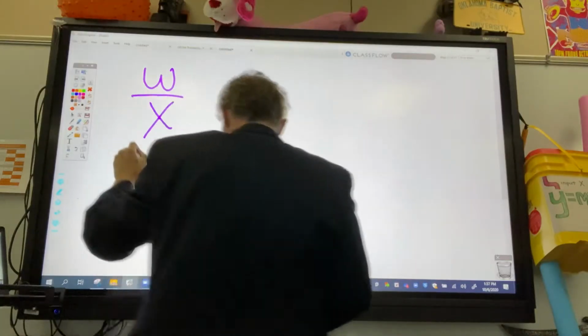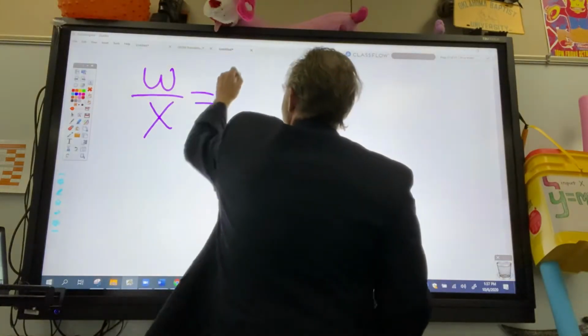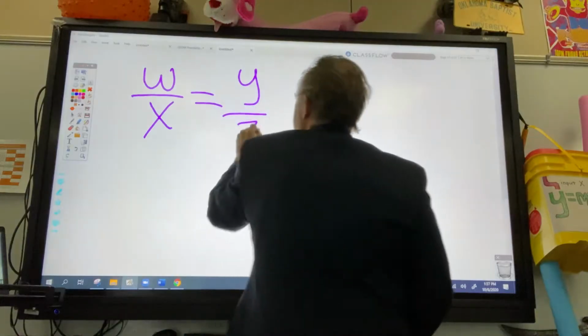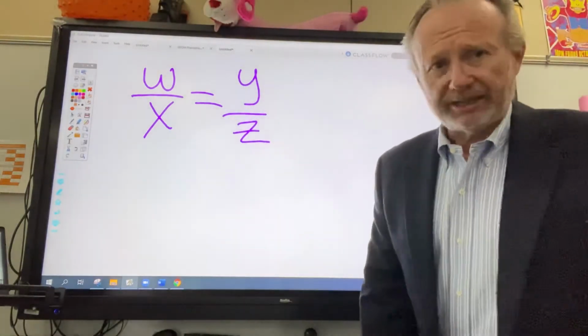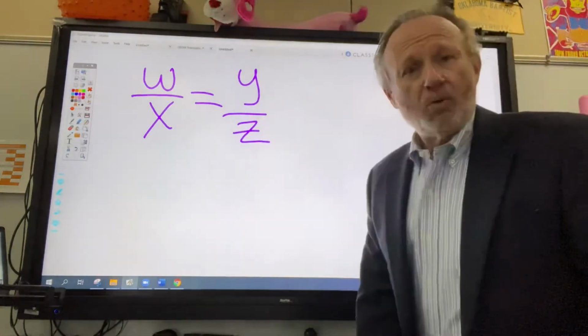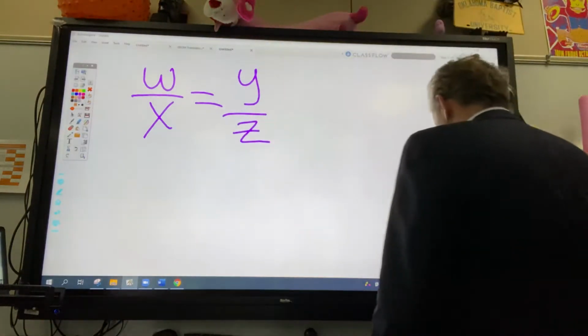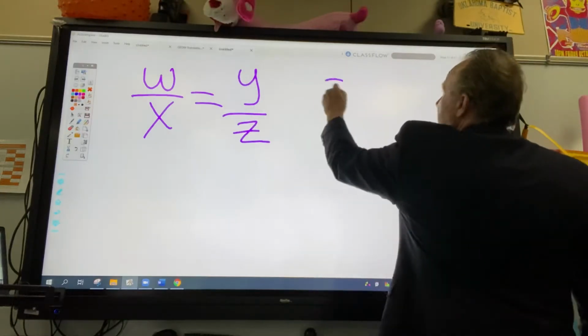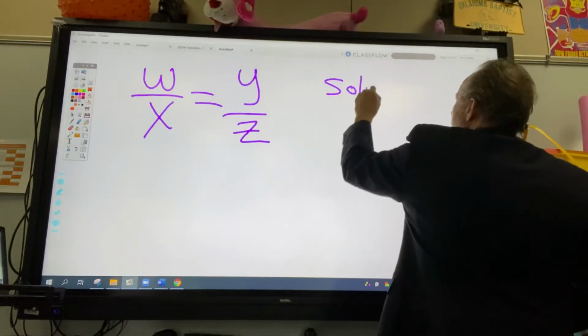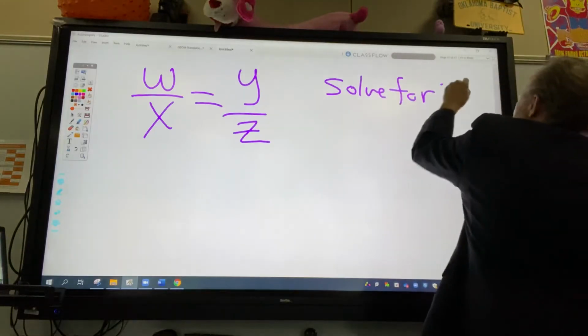W over x equals y over z. Now, they're going to tell you what you're solving for in a literal equation. So you got to know what that is. Well, in this case, let's solve for z.